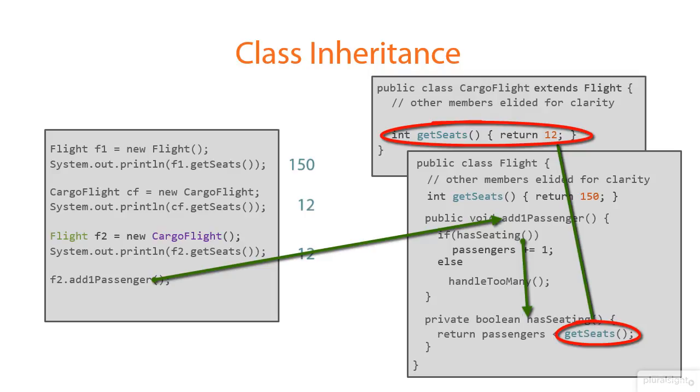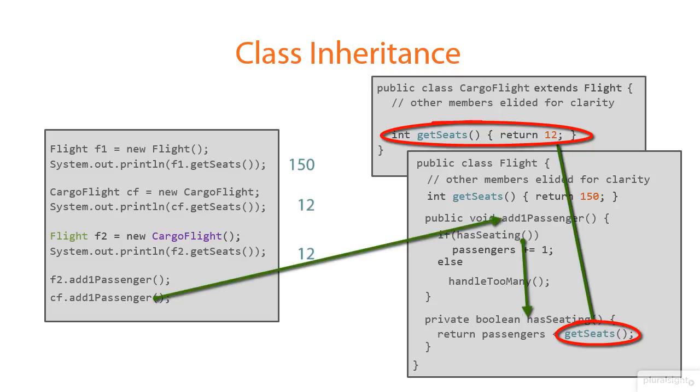So it would only allow us to add 12 passengers. That works whether we have a reference like F2 of type flight or a reference CF of type cargo flight. The method in the base class is being overridden, assuring that the appropriate method implementation gets called based on the type of object created, not the type of reference used.